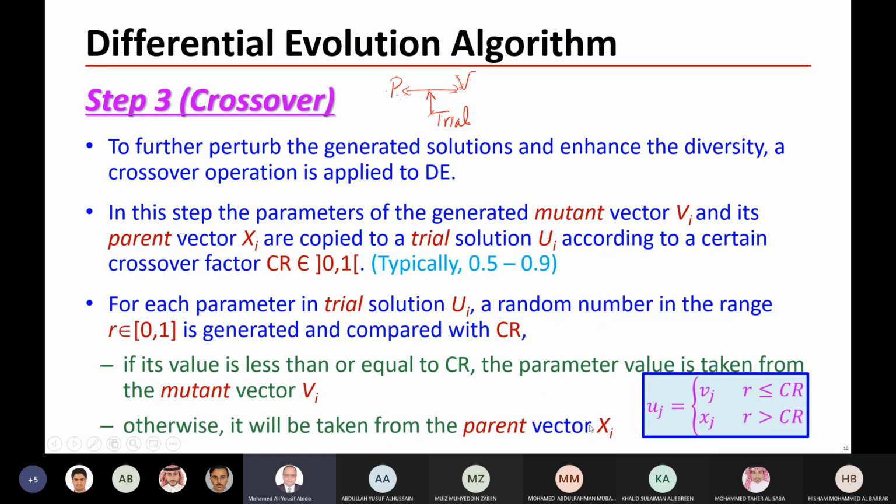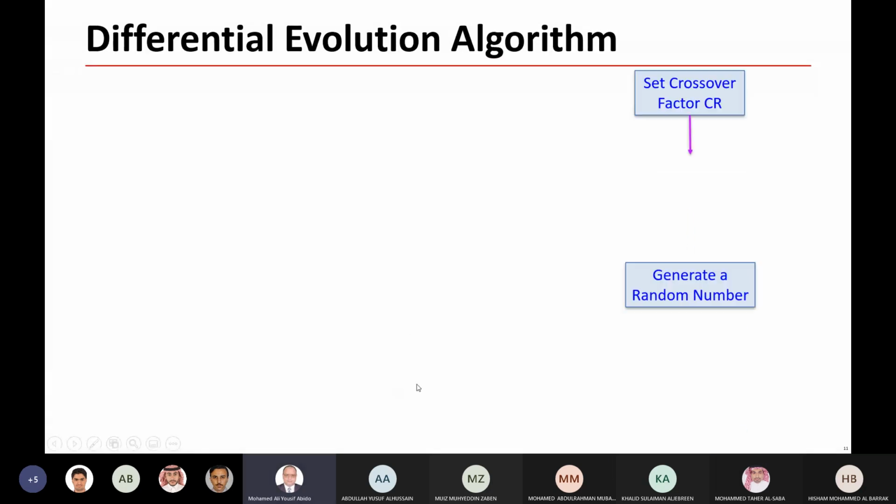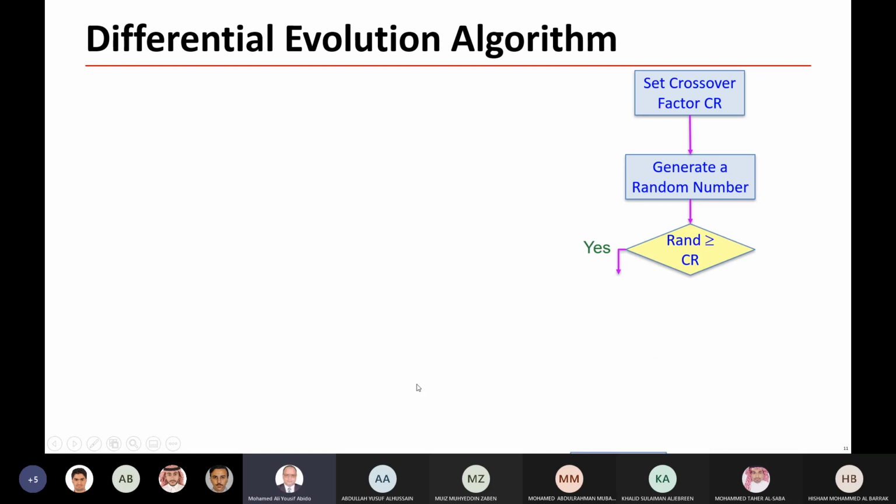So simply, any parameter in the trial solution equals the parameter of the mutant vector or the parameter of the parent, depending on a random number you create between 0 and 1 and compare with the crossover factor here. Okay, so this is the way to implement the crossover.